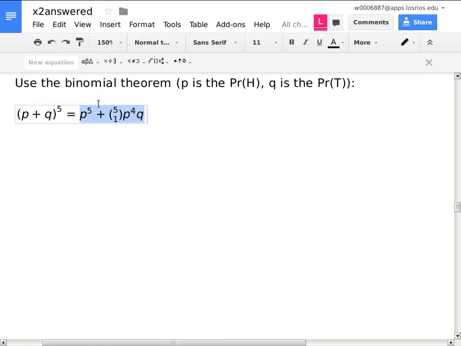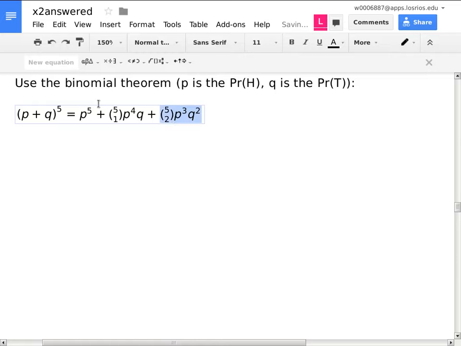And then the next one, if you do not spell out the entire thing, I'm not going to take any points off, but you do have to get to the one that we care about. So in this case we have P to the power of 3, Q to the power of 2.